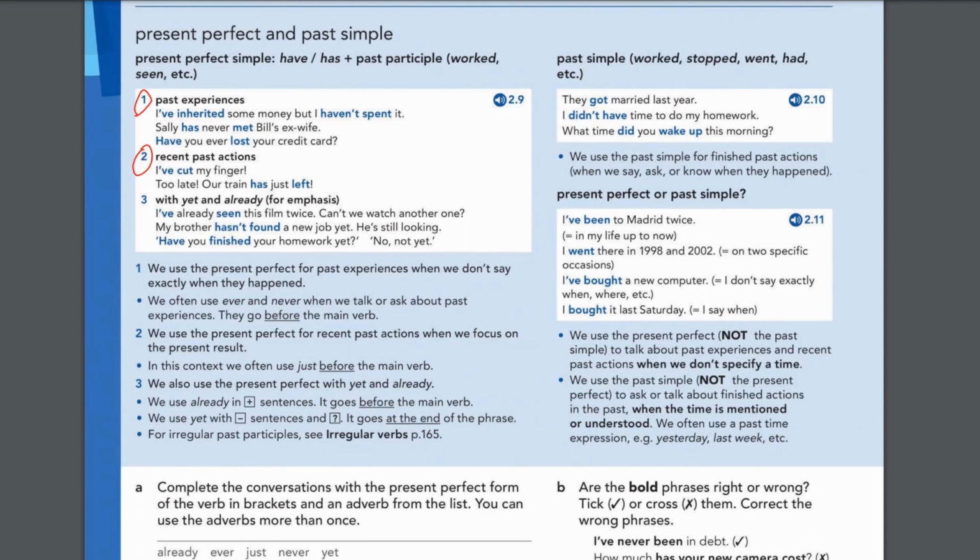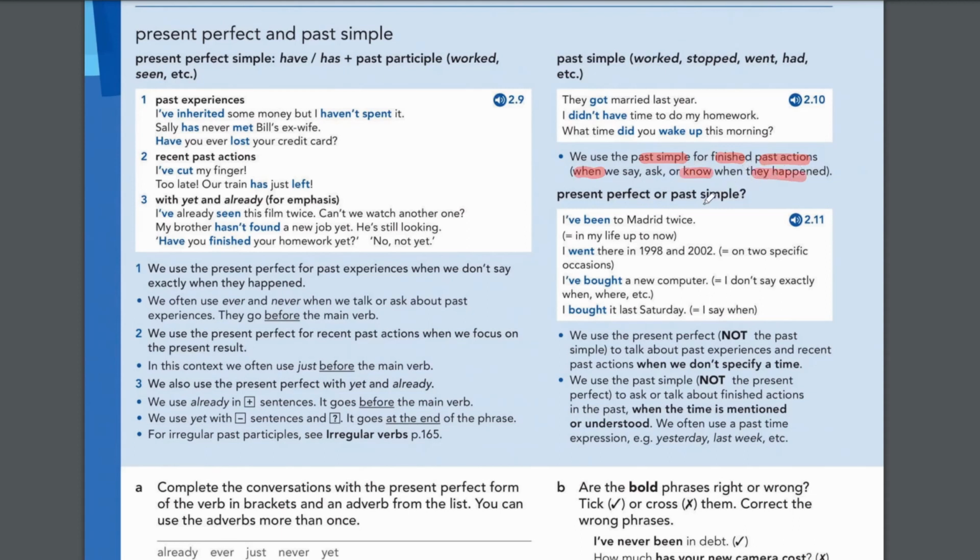Now we're going to talk about past simple. Past simple, we start teaching from level 2, level 3, and level 4. We use past simple for finished past actions, and when we say the time, or at least we know when they happened.